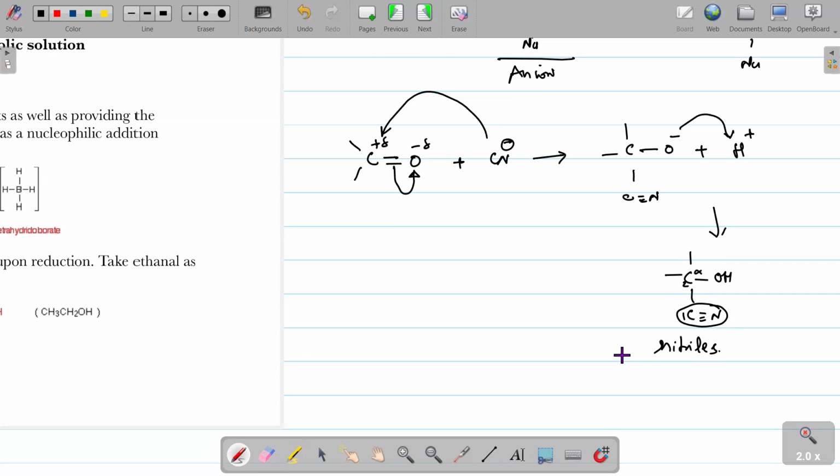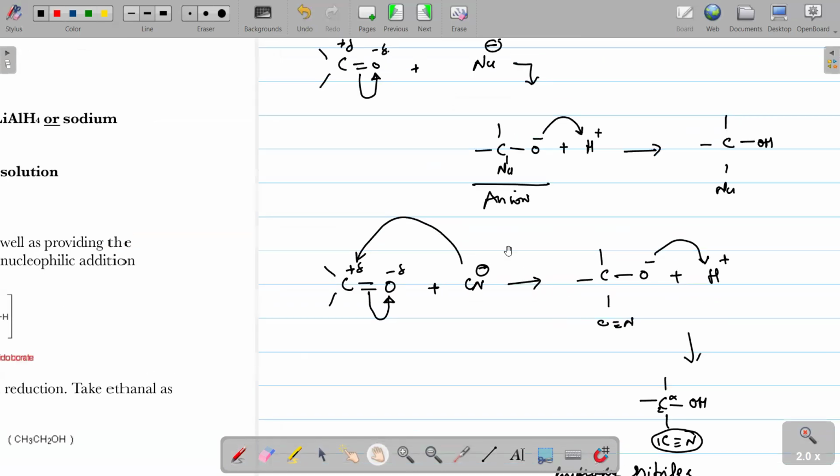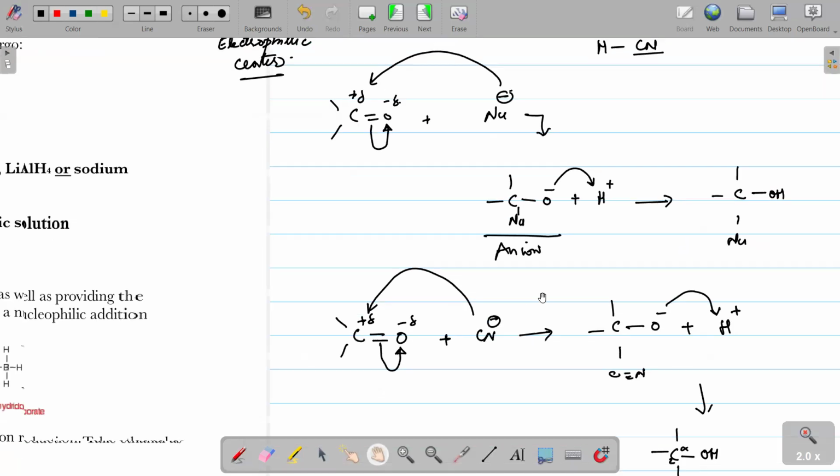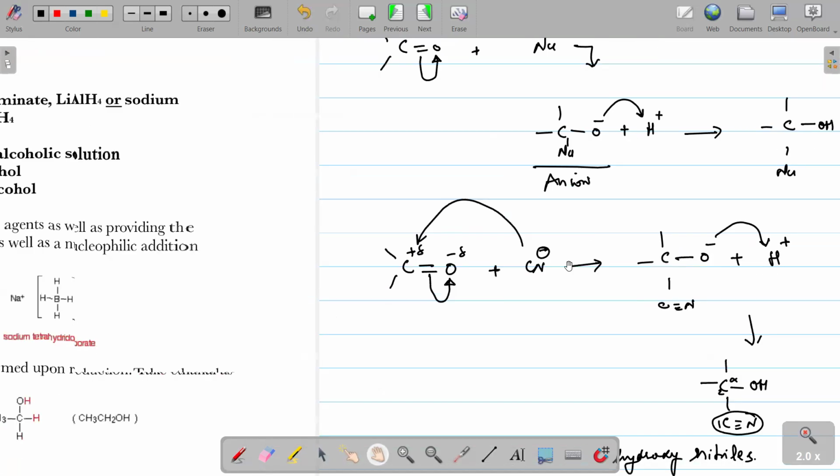So alpha hydroxynitriles. So we can say that we will get hydroxynitriles as a product whenever we treat aldehydes or ketones with hydrogen cyanide or any reagent like that which can produce a nucleophile. Is it clear? And the type of reaction is nucleophilic addition reaction.